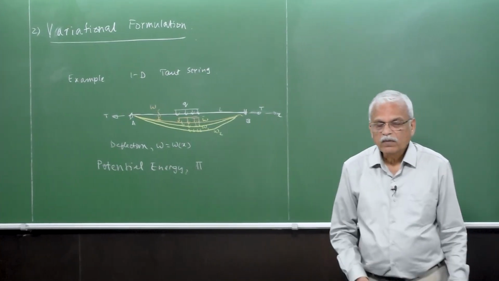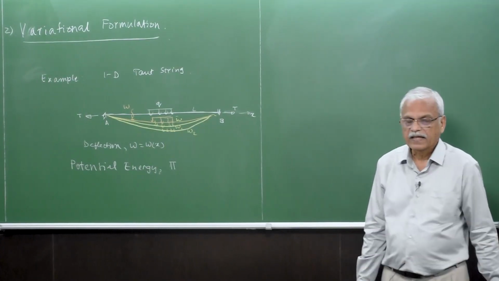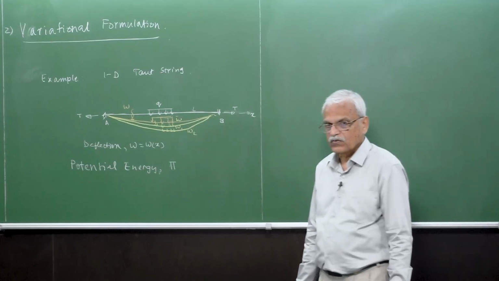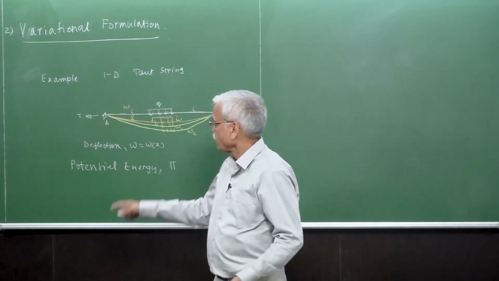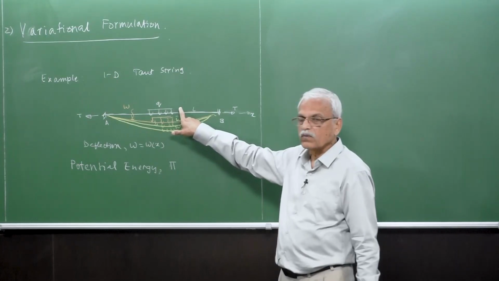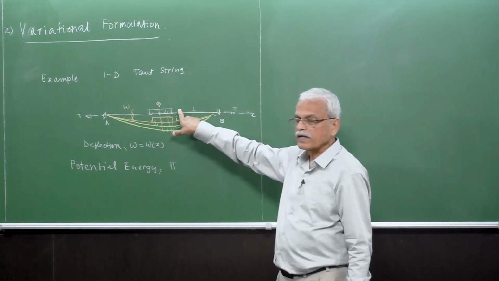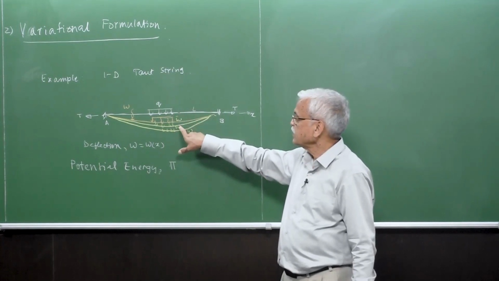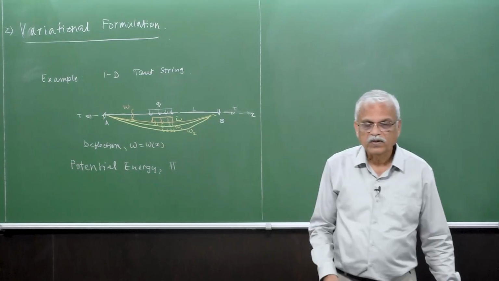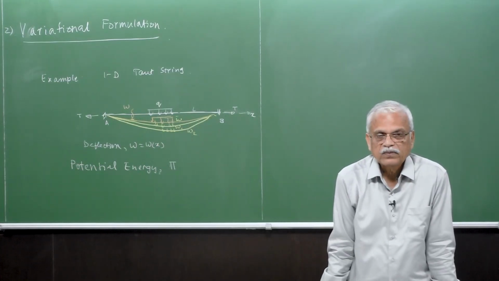So the total potential energy of the system is due to the elastic energy in the string. For example, if you take this to be having, to start with, a 0 value, you can always take the datum anywhere. So if it is having 0 potential energy, the string is going to extend its length, so its internal energy is going to increase.